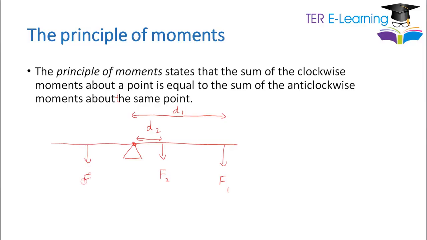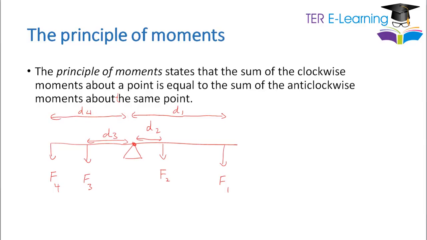And on the other side, let's have a force here. Let's call that F3. And we have another force here. Let's call that F4. And this distance from the fulcrum here, let's call that D3. And this distance here, F4 from the fulcrum or the pivot, let's call that D4.